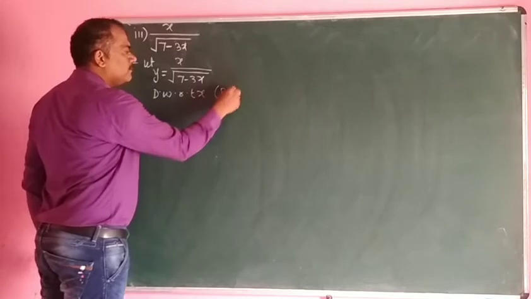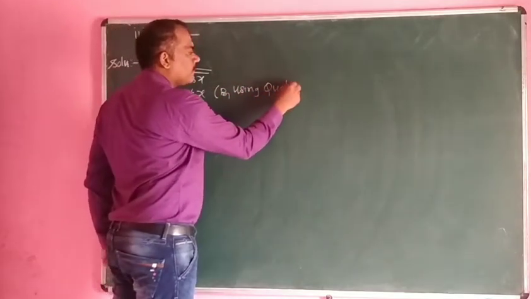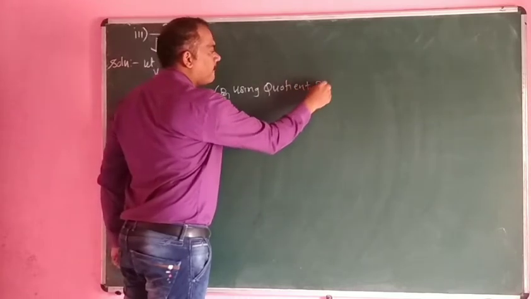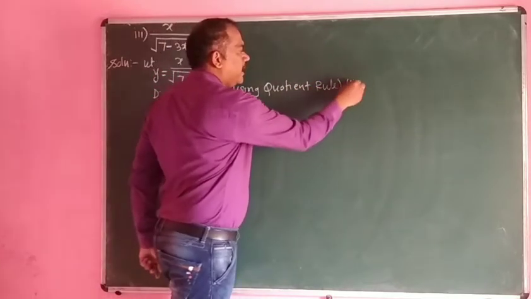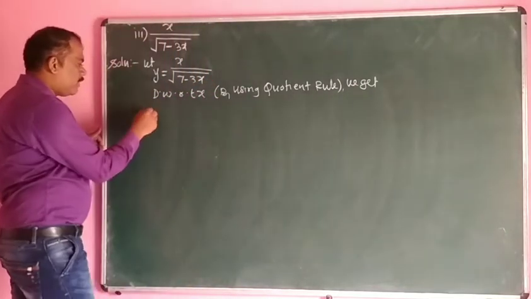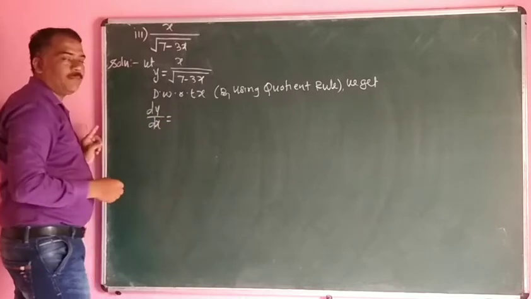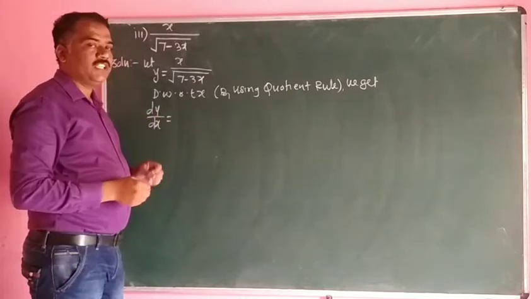By using the quotient rule, we get the differentiation of y with respect to x, that is dy/dx. Now we have to apply the quotient rule. What is the quotient rule?